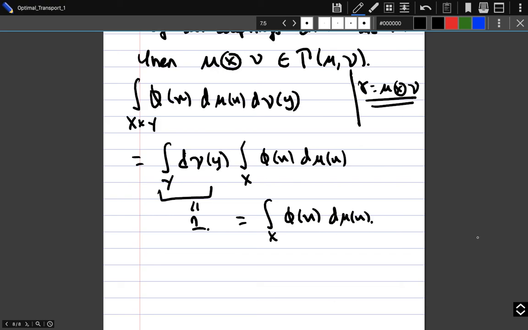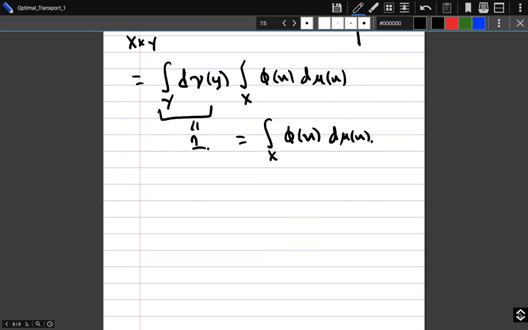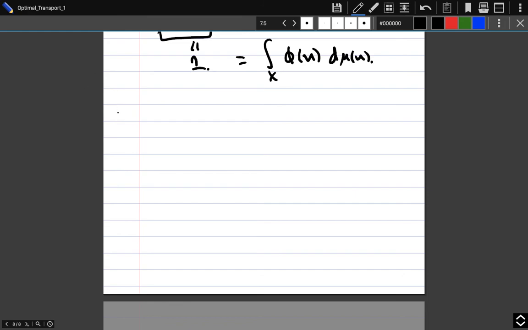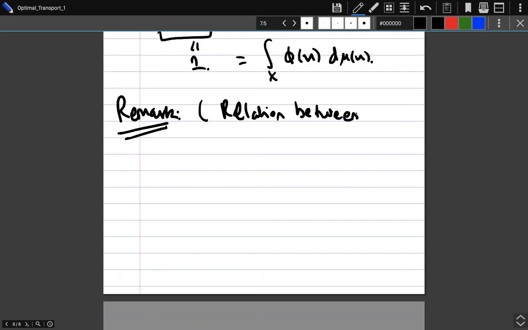And so just a last remark to end this discussion, which is also useful, is to observe a relation between couplings and transport maps, right?